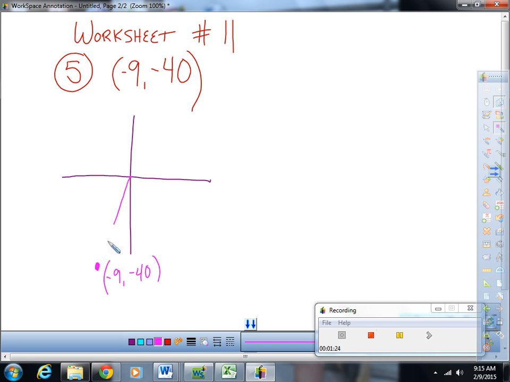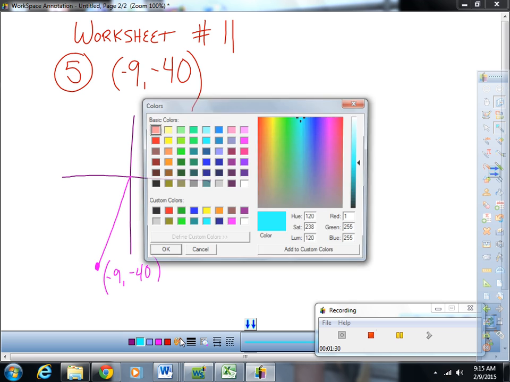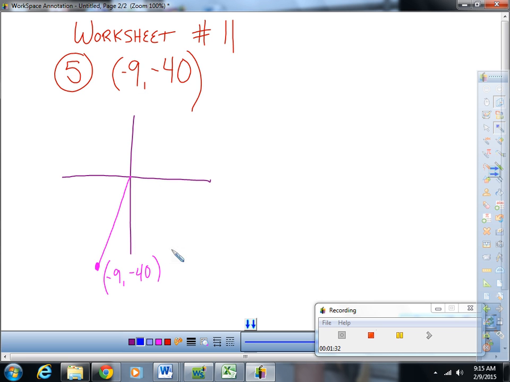So what I do is I connect that with a line segment. And then if you remember, I always draw my reference angle to the x-axis, okay? And what that does is it forms a right triangle for us.